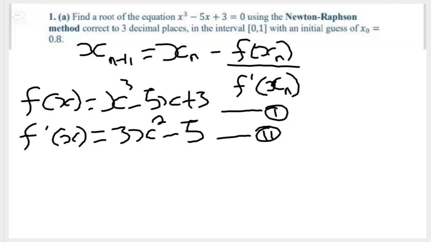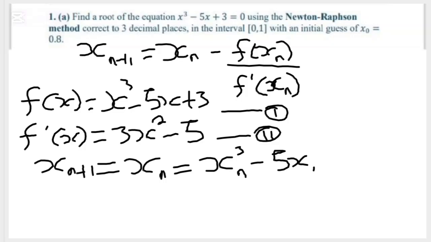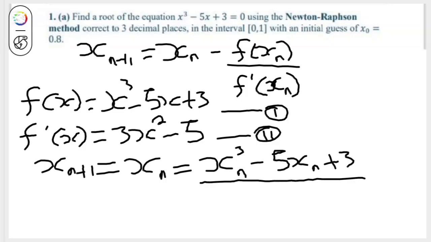So I have to substitute equation 1 and equation 2. Therefore I will say x of n plus 1 will now be equal to x of n, and f of x, this is the numerator, will be x to the power of 3 with subscript n, minus 5x of n plus 3, also divided by f prime, which is the denominator, which is this function.